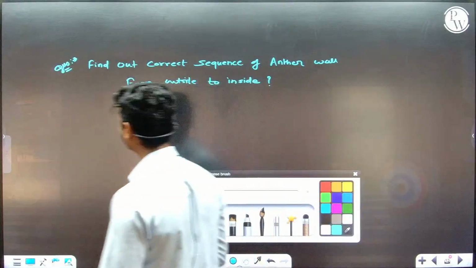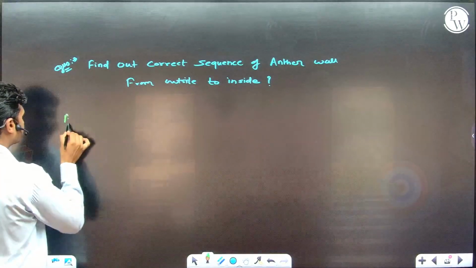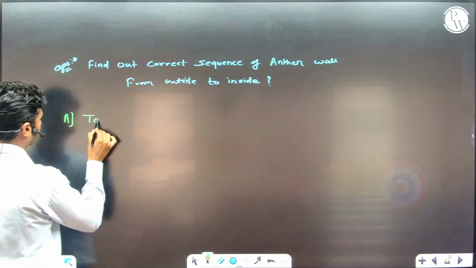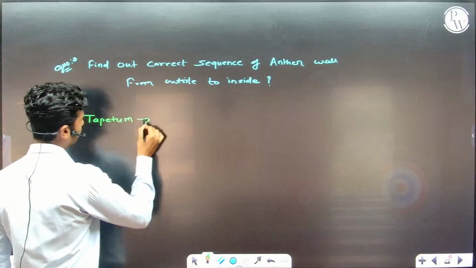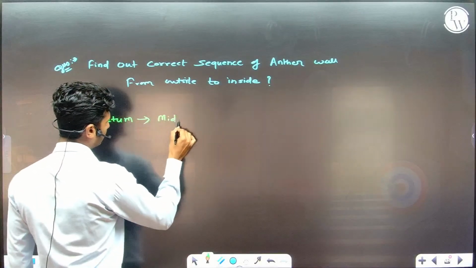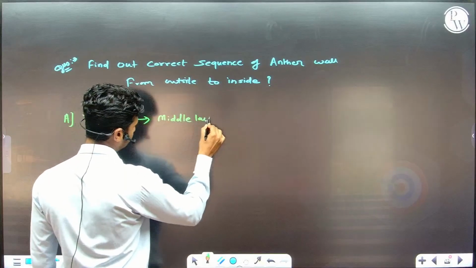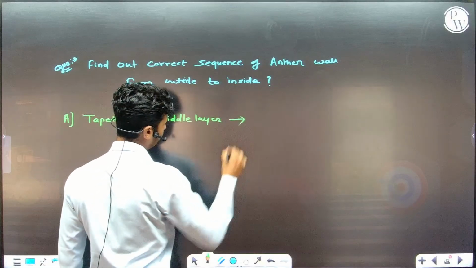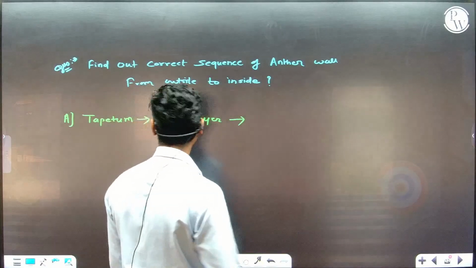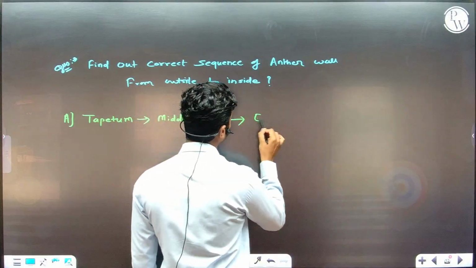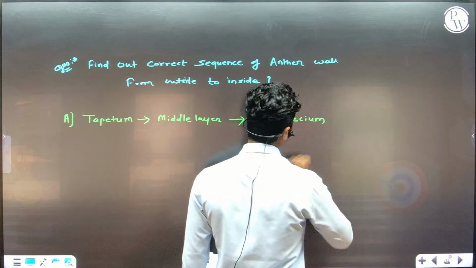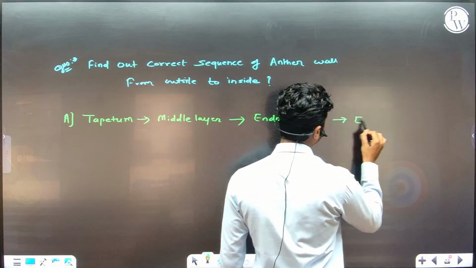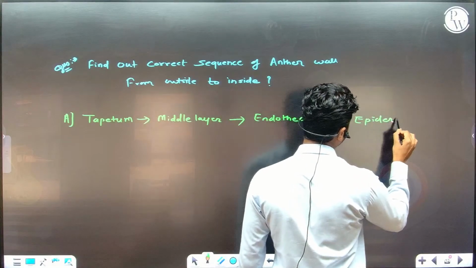Options for you. Option A, tapetum, then middle layer, then endothecium, and fourth epidermis.